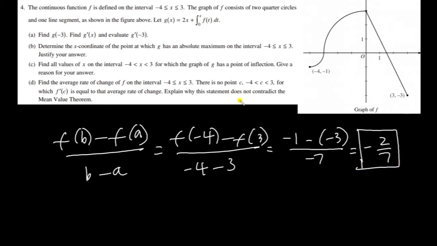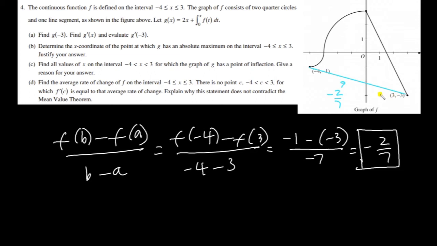And now we notice that the next part of the question says there is no point c, between -4 and 3, for which f prime of c is equal to that average rate of change. So basically they're saying that the slope of this line is -2/7, and the mean value theorem says that if the conditions are met, then there's a point somewhere along here where the derivative is equal to this.